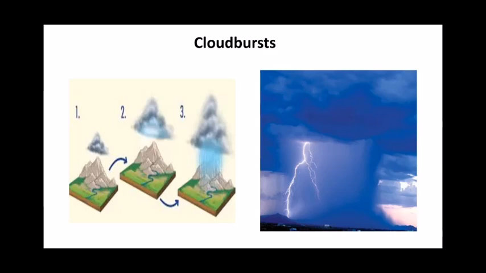This makes the cloud more and more heavy. The vertical winds are unable to take the weight of the moisture that is built in the clouds. So, this leads to a very heavy rainfall with large sized hailstones. This is called cloudburst.